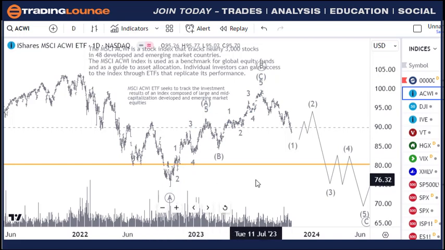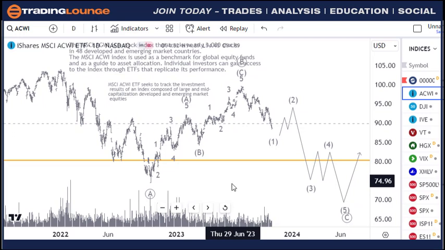And most of them can be counted in 3 waves. There's some like Apple that you could count up as in 5 waves, and NVIDIA you could certainly count up in 5 waves as well. But I think this pattern here sort of really reflects what's going on in the world.